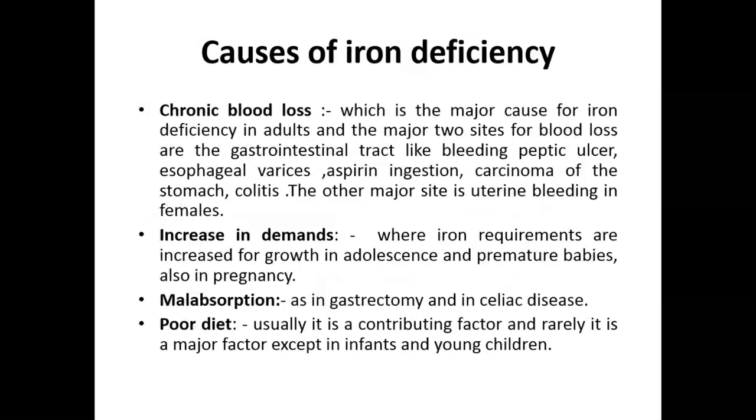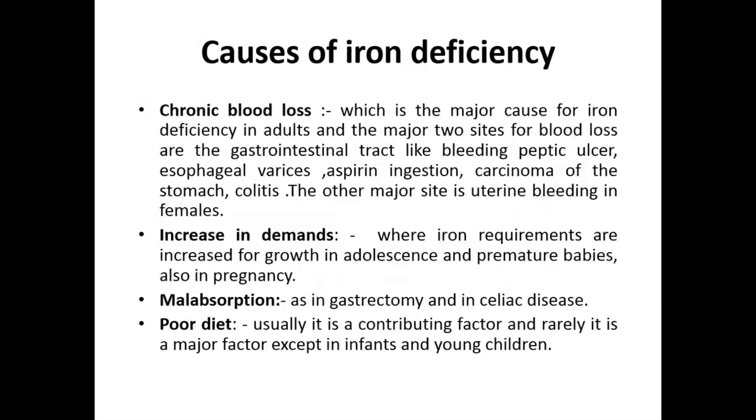The other important site for blood loss is uterine bleeding in females. So we have two major sites for blood loss, which are the GIT and the genitourinary system. Chronic blood loss is the most important factor in causing iron deficiency anemia.